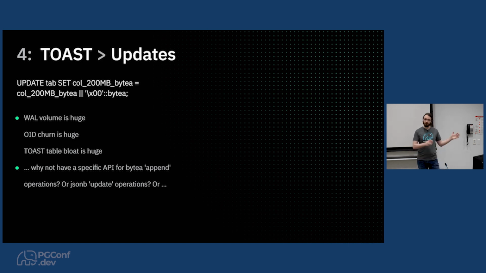Because right now you slice and dice a toast value into similar sized chunks: I have 10 megabytes, I compress it and then slice it in 2 kilobyte chunks and store that in the database. But if you add a 0 byte, all you really would need is to append a 0 byte to that compressed data, which is basically only the last.